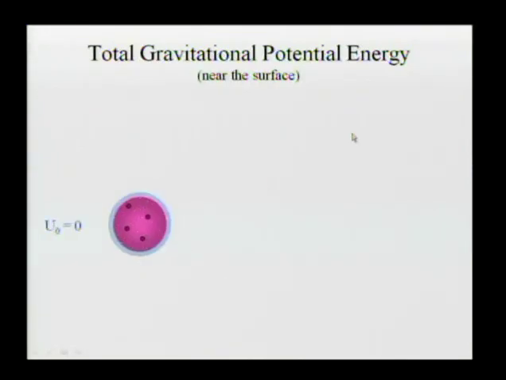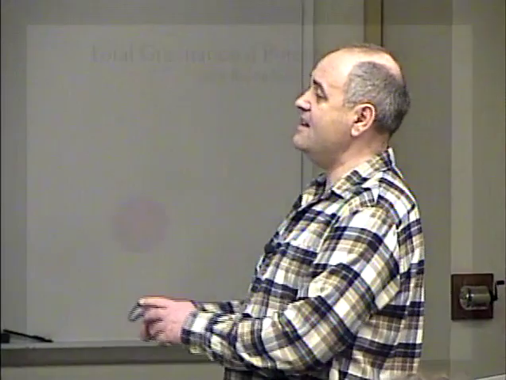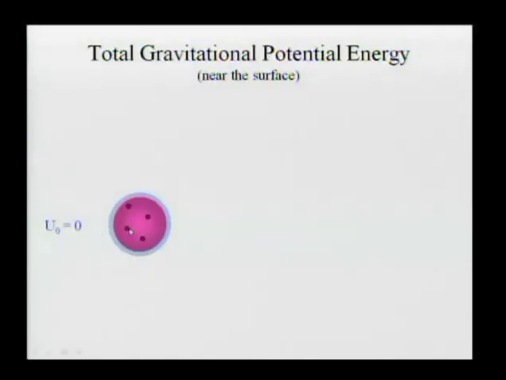Let's now take a look at the expression for gravitational potential energy of an object, not of a single particle, but of an object. So let's say that I have this object over here, and let's say that at this location the object has potential energy 0.